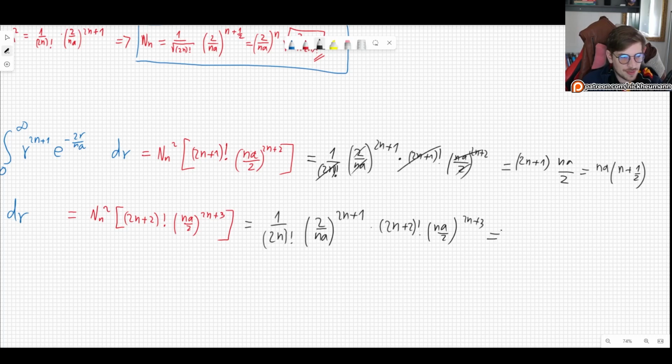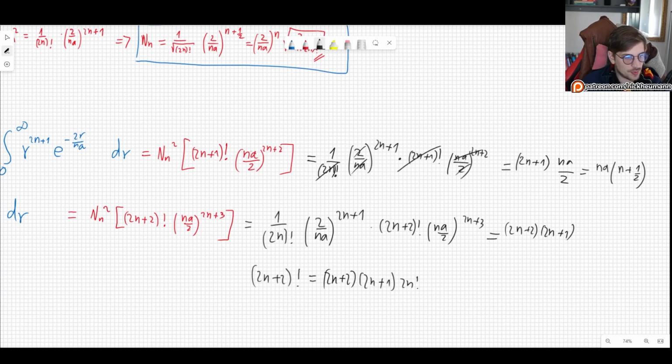So this is very similar to what we had in the previous case, but now we're just going to have more leftovers. So for example, 2n plus 2 factorial is simply 2n plus 2 times 2n plus 1 times 2n factorial. So like before, we can simplify the factorial with the one down there, and we're left with 2n plus 2 and 2n plus 1.